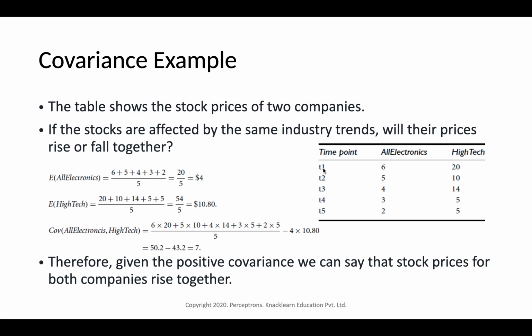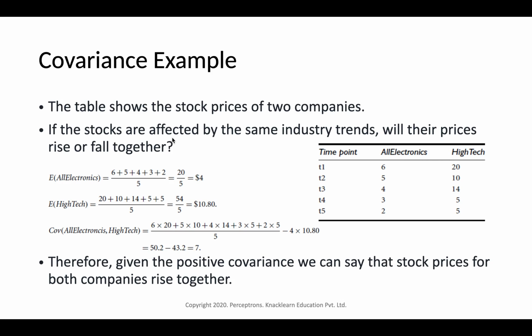For month 1, the All Electronics stock price was $6 and the High Tech stock price was $20. Then in month 2, All Electronics dropped to $5 and High Tech dropped to $10. In month 3, All Electronics dropped to $4 and High Tech rose to $14, like that. So this table shows the stock prices of All Electronics and High Tech.